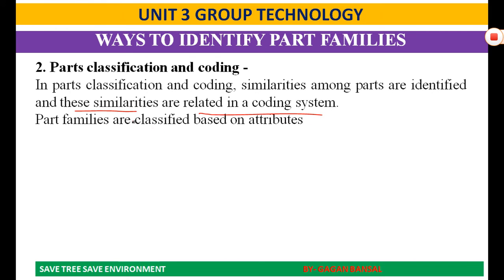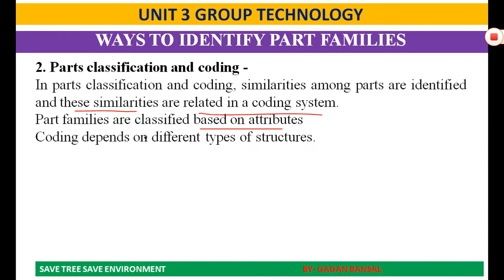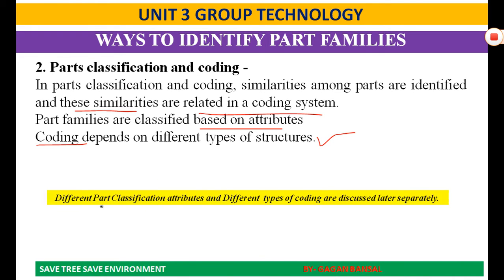So part families are classified based on attributes. These attributes we will be discussing in the very next lecture. Coding depends on different types of structures. So there are different types of codings also, and there are different types of classification of part families that we will be discussing. I have mentioned also, different part classification attributes and different types of coding are discussed later separately.